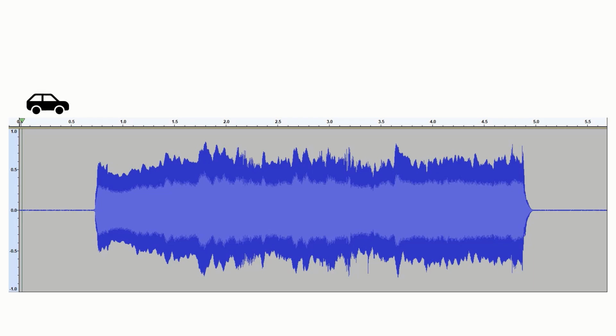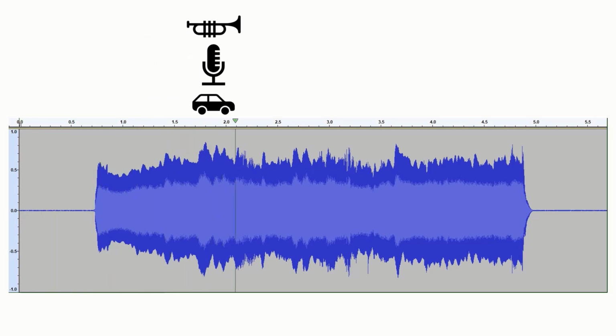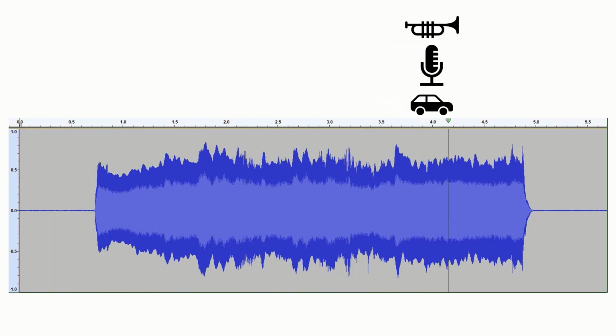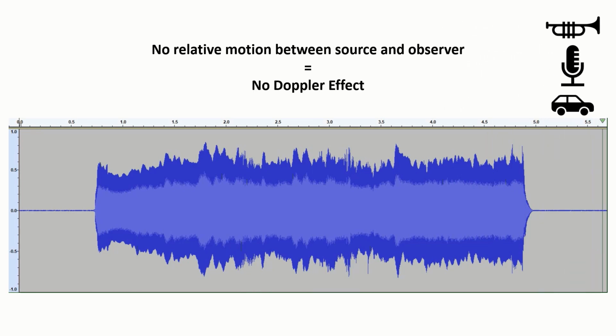Here we have the waveform of the sound from inside the car. This sound has no Doppler effect because the source, that is the horn, was moving together with the observer, that is the microphone inside the car. So there's no relative motion between the two. Let's hear it again. So, no relative motion between the source and observer equals no Doppler effect.